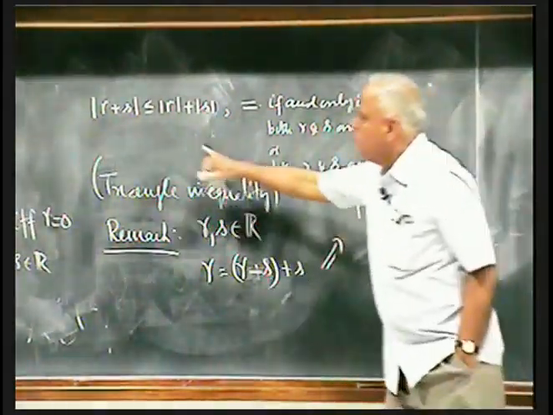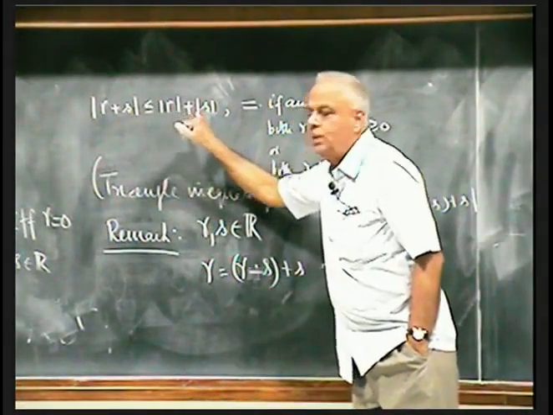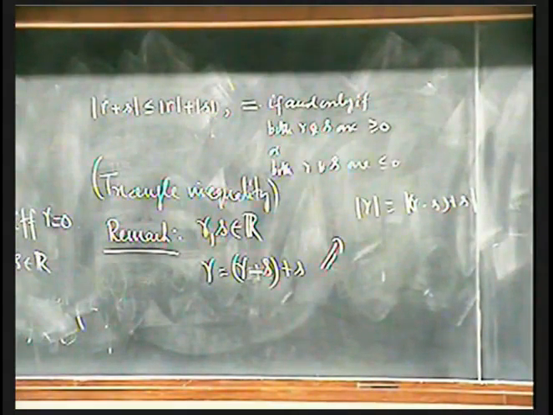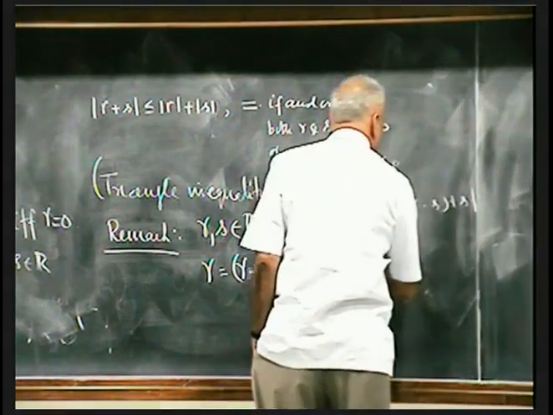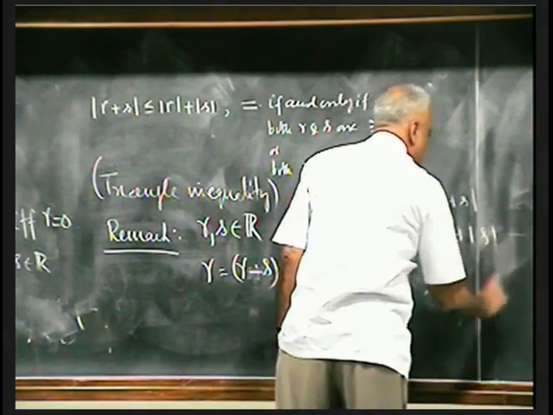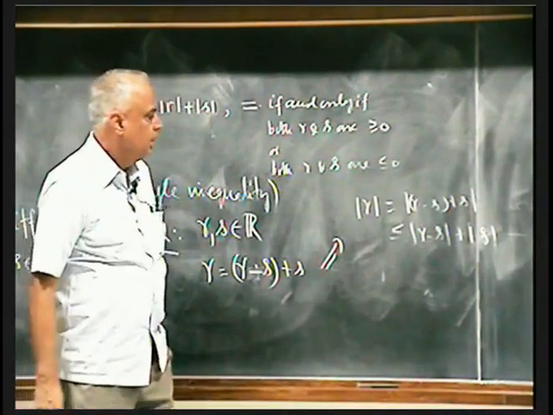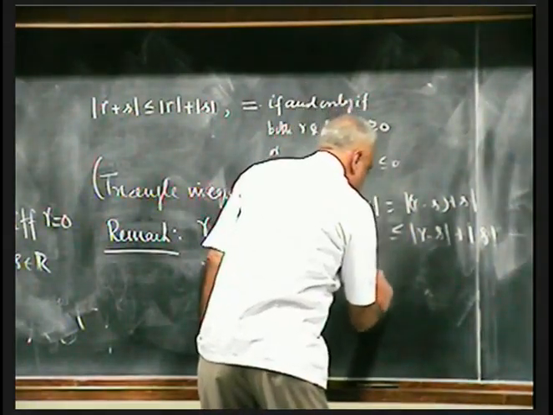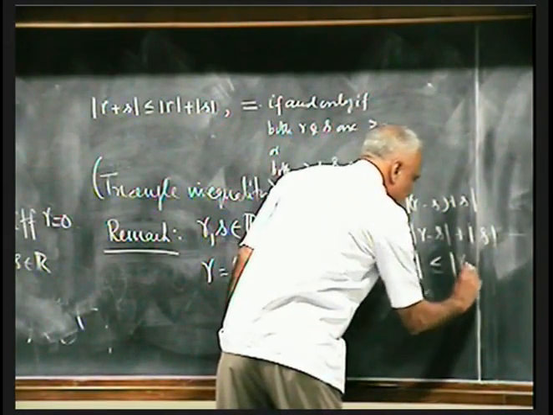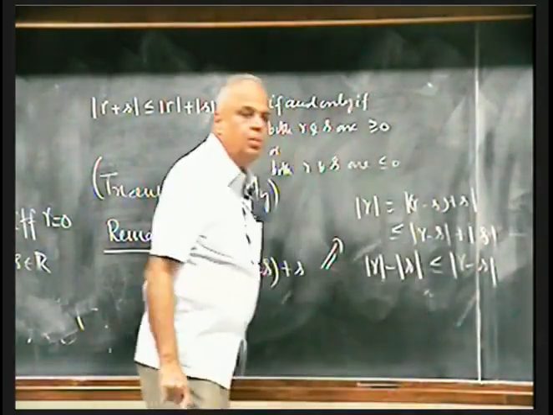But the modulus of a sum, the absolute value of a sum, is less than or equal to the sum of the absolute values. So this is less than or equal to absolute r minus s plus absolute s. Now take it to this side. So absolute r minus absolute s is less than or equal to absolute r minus s.